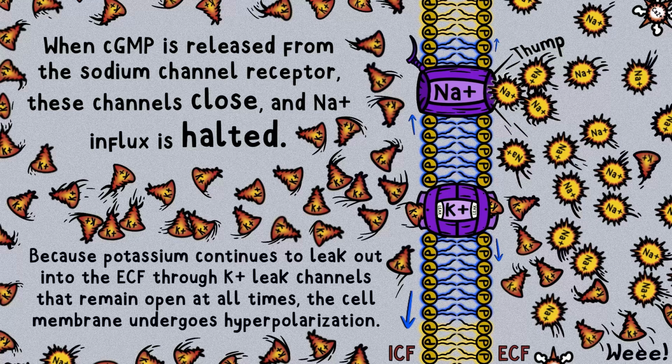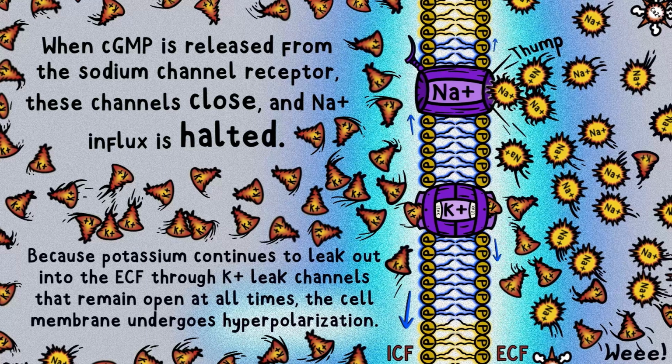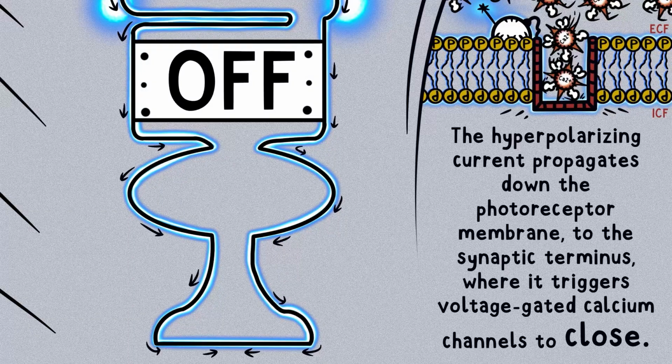But because potassium continues to leak out into the extracellular fluid via potassium leak channels that remain open at all times, the cell membrane undergoes hyperpolarization.